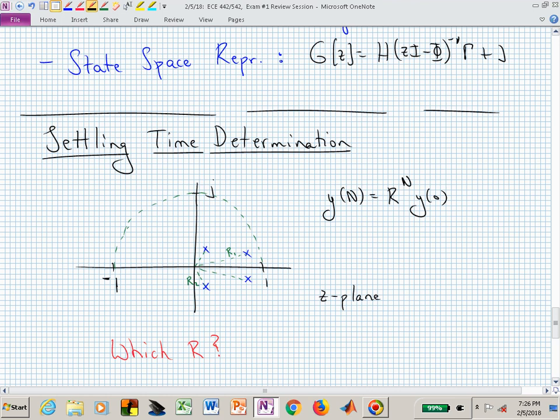R sub 1 is paired up with the 2 on the right. Can you tell me anything relative to those pairs, how they compare? If I highlight this pair, and I highlight this pair, can you tell me which pair would be the fastest pair?